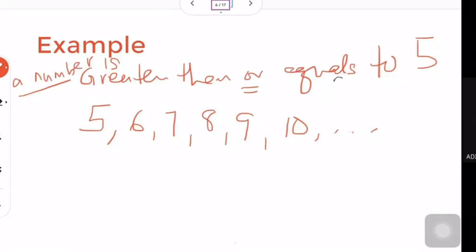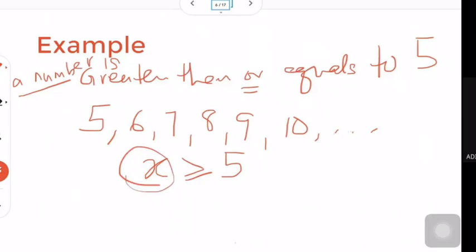Okay, how do we write in terms of a phrase? So we can write like this. X is greater than or equals to 5. Okay? Because X ni kan variable. Dia boleh berubah-ubah kan. Bila kita gantikan dengan unknown, it means it can be any number. It can be 5, it can be 6, it can be 7, it can be also 20.